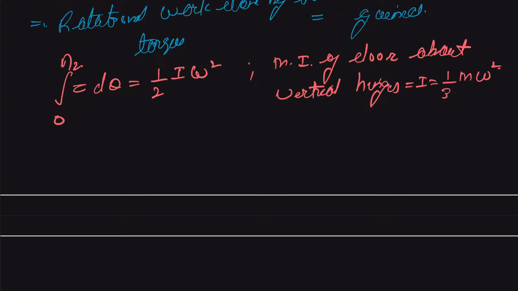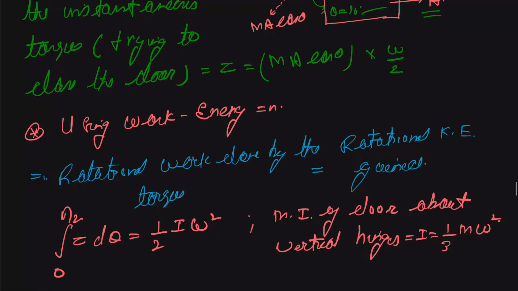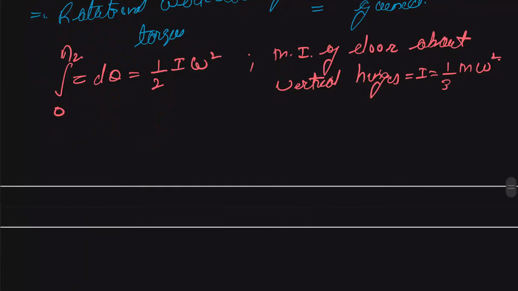So we simply substitute it, and tau we already know is our Ma cos of theta times W by 2. So let us calculate this part. We have the integral from 0 to pi by 2 of tau d theta.